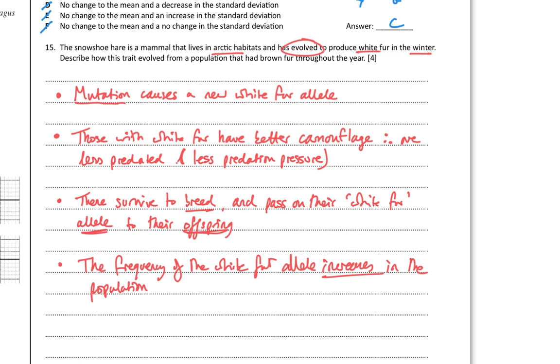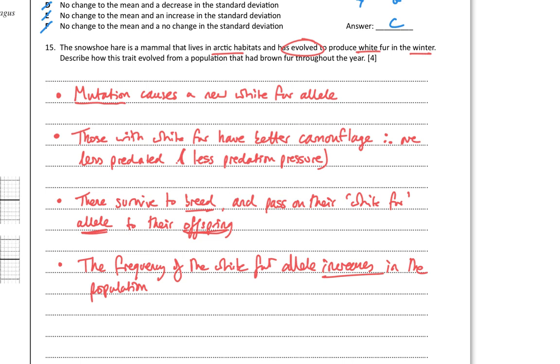Normally people get this wrong because they get mutation wrong. They make it sound as though it mutated because of the advantage. It's just a random mutation. People also get this wrong because they will just say it provides better camouflage, and they don't say why it's good to be camouflaged. As I painfully went through, breed, allele, offspring need to be clear, or similar words.